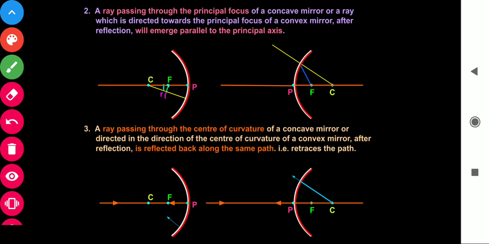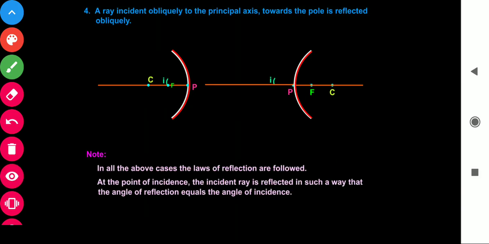The first was whenever a light ray comes parallel, it will go through the focus. The second is whenever a light ray comes from the focus, it will become parallel. And the third one is whenever the light ray comes to the center, then it will go back in the same direction.